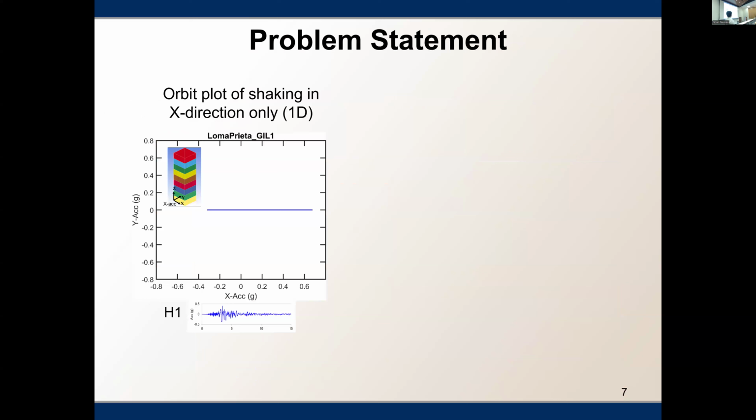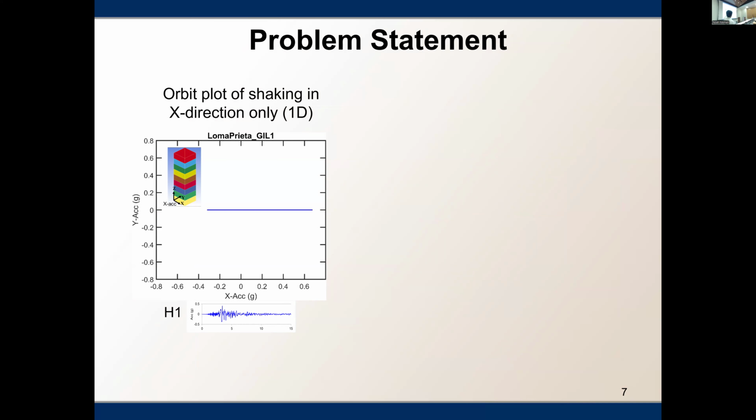So the problem here is that I have shown an orbit plot for the shaking in x direction. Here you can see the x acceleration on the x-axis and the y acceleration on the y-axis. If you take the orbit plot of this x direction motion, you will get a straight line, which is parallel to the x-axis.